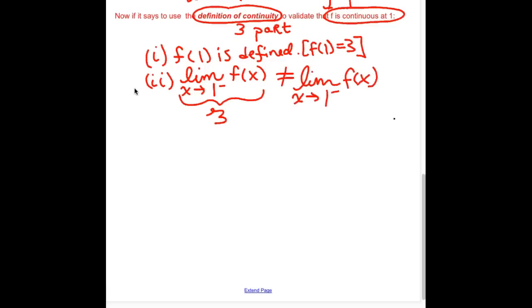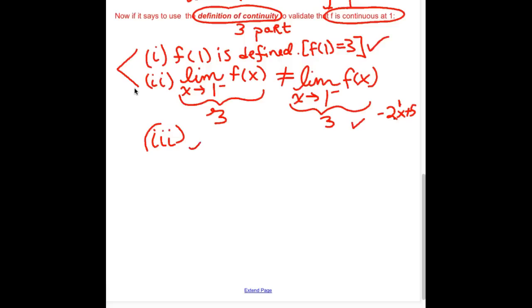I forced that to happen. I forced them to meet up there. This is also 3, because remember it's now a negative 2x plus 5 on that bottom piece, and when I put in a 1, it gives a 3. Furthermore, these two things concur. My dot is where the limit is.